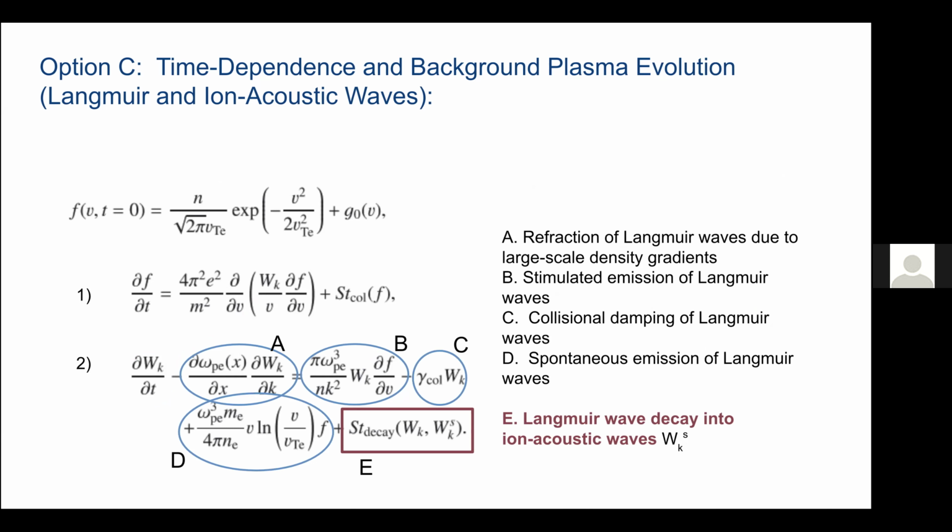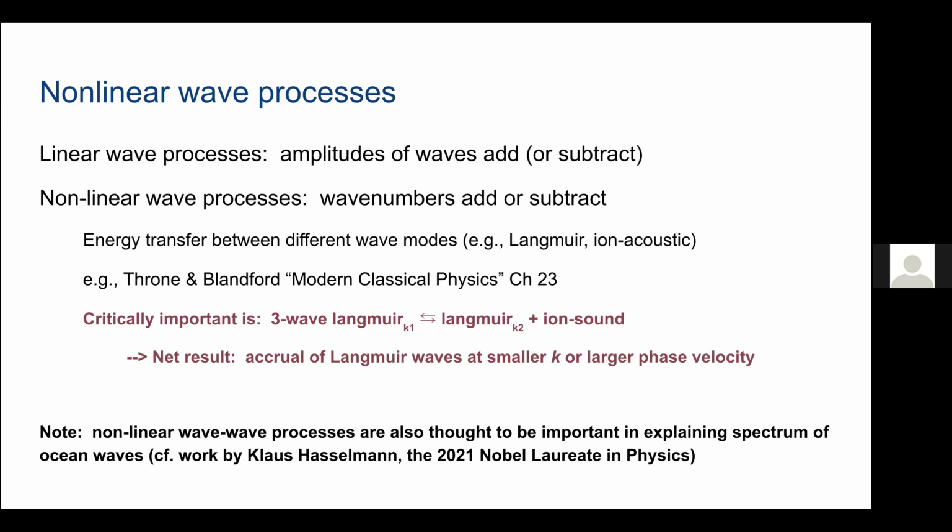the first critical ingredient was actually including Coulomb collisions, okay, to start the instability. The other critical ingredient was wave-wave interactions. Langmuir waves can decay into another Langmuir wave and an ion acoustic wave. Why is that important?